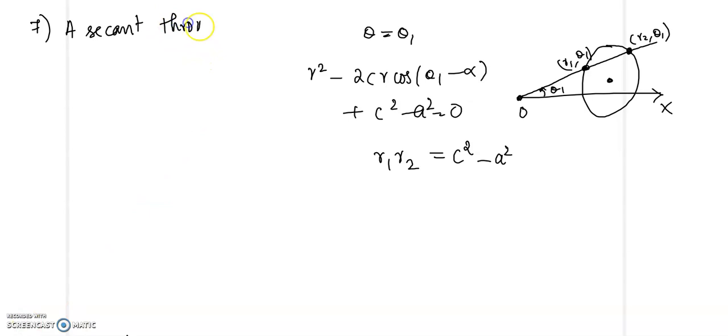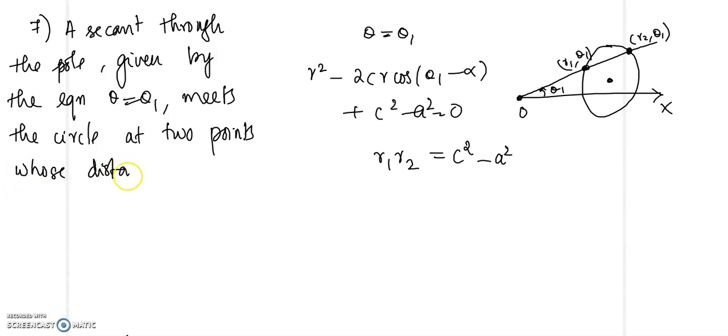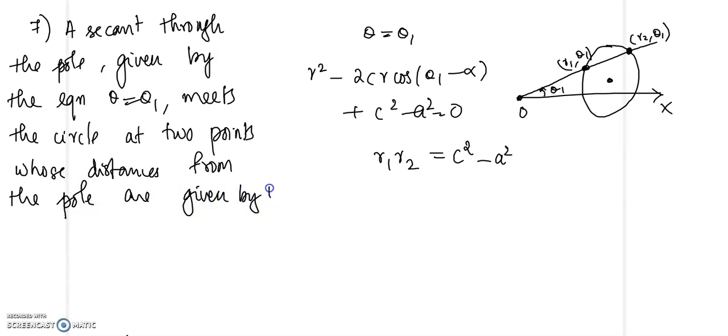A secant through the pole given by the equation theta equal to theta 1 meets the circle at 2 points whose distances from the pole are given by the roots of, so replace theta by theta 1 in the equation.